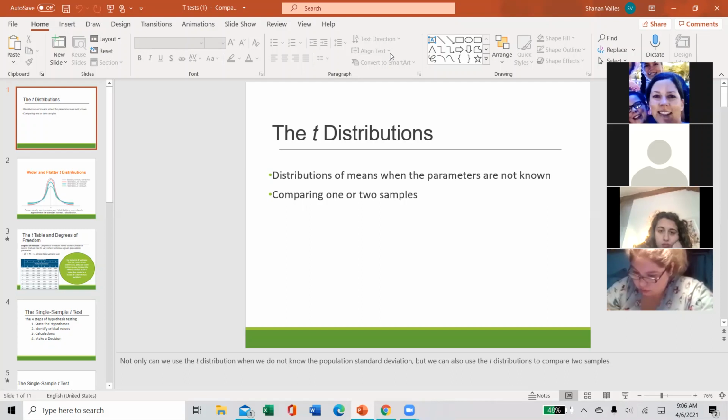So the t distribution was thought up by that really smart guy that worked at Guinness, right? He was drinking too much beer, and he said, well, what if we have different sample sizes? How do we know that we can use probability that we'll get a certain event? Remember, he was testing the quality of the beer.